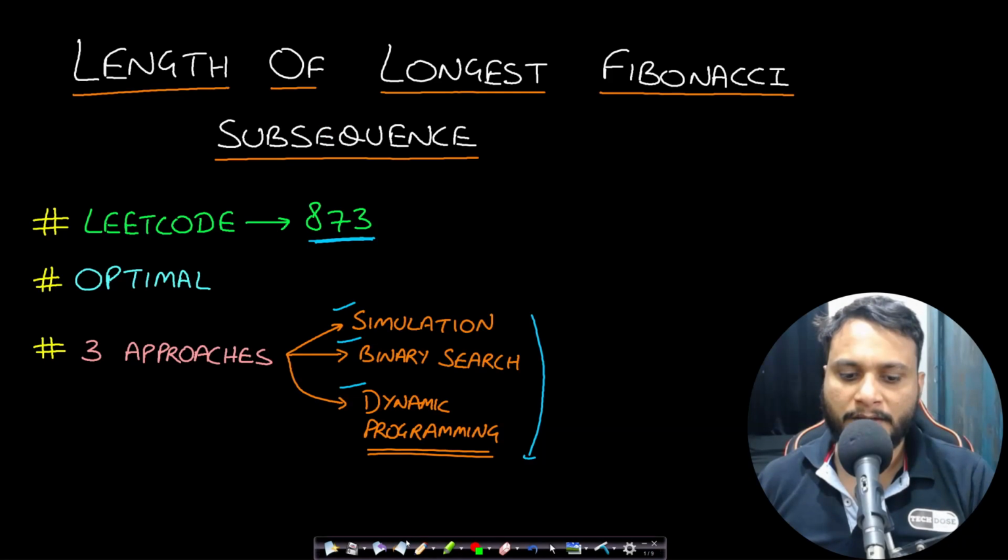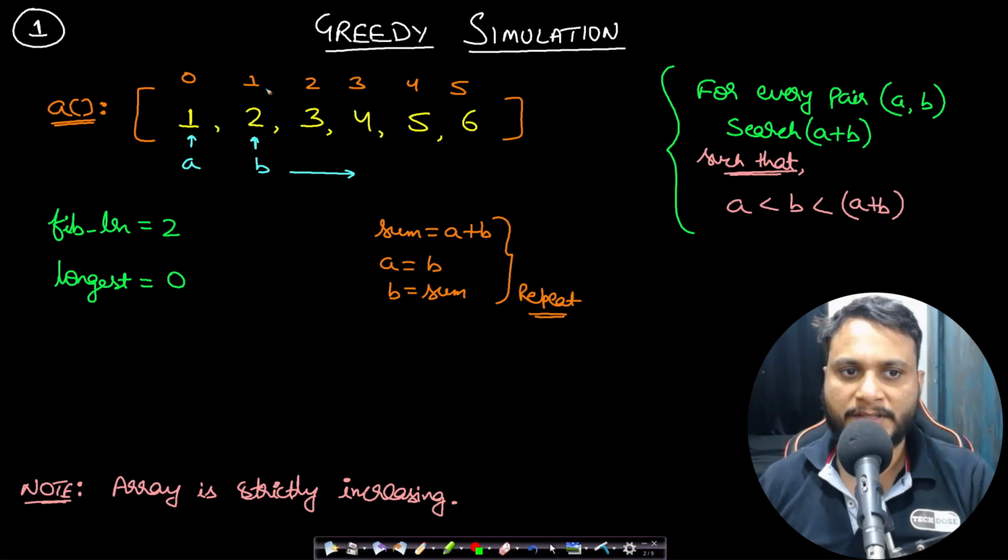Now let's look at the simulation approach of solving this entire problem. This will be kind of a greedy simulation. Given the array, I have taken 6 items from 1 to 6, and I have to find the longest Fibonacci chain. So what I will do is choose two items, A and B, where A will be on the left hand side of B. For every A, I will try all the B's on the right hand side of A. Therefore, let's start with the assumption A being 1 and B being 2.